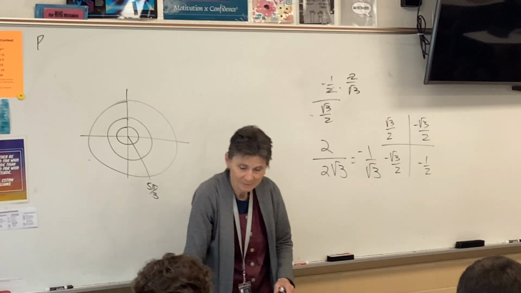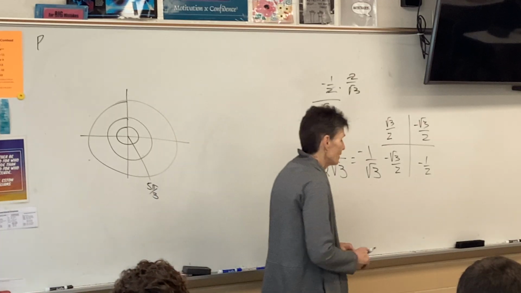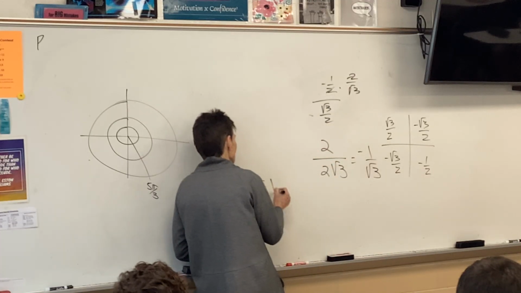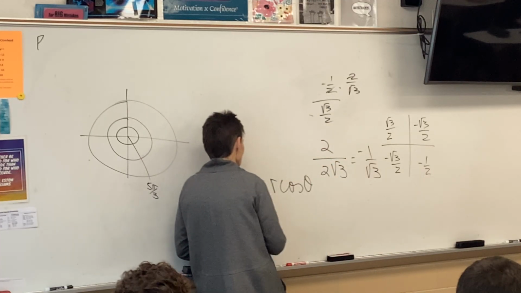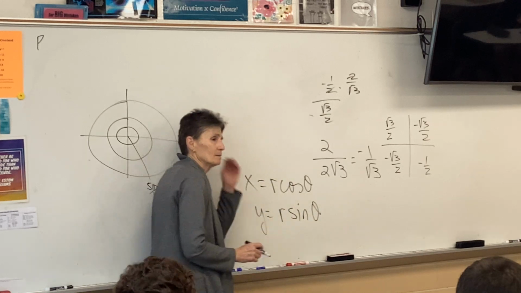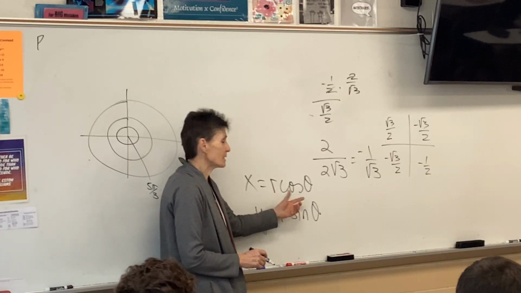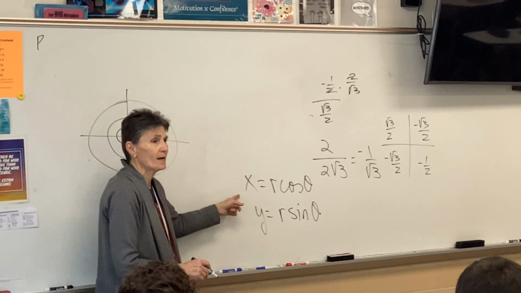Remember this, kids, don't make the problem harder than it is. Remember this. You know your radius, you know your cosine, multiply them together, and that gives you your x.